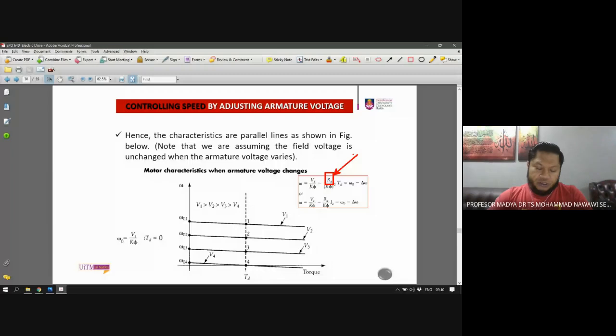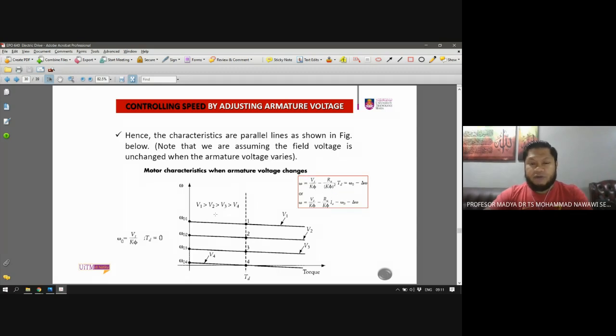You can only use the armature resistance control for a short time, right? Because I squared R represents the loss in the motor. So the most common technique to control the motor is by changing the VT, as well as changing the flux. Right, these are two common methods to control the speed of your motor.